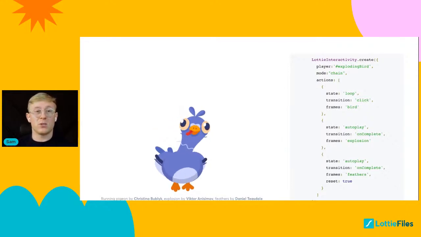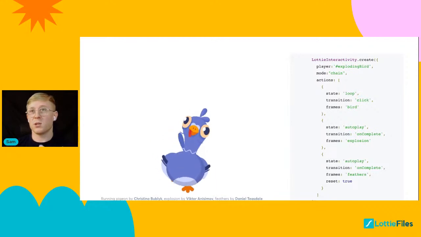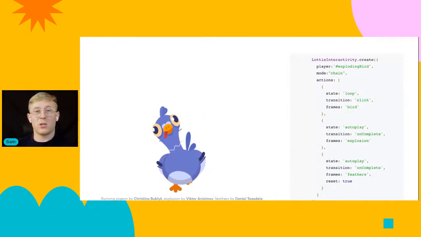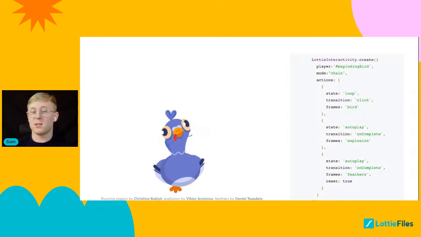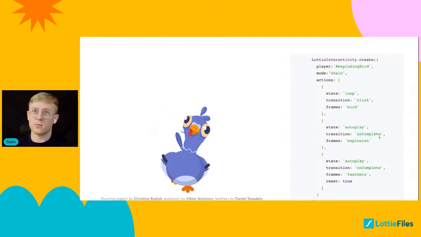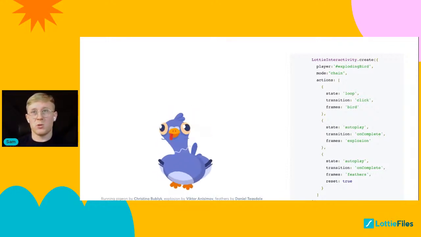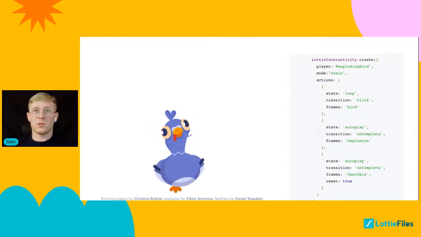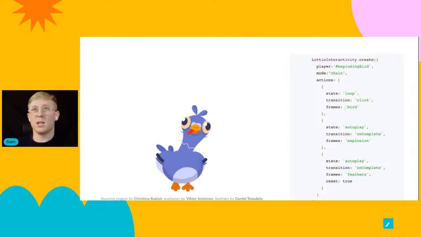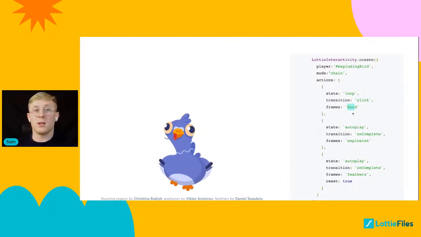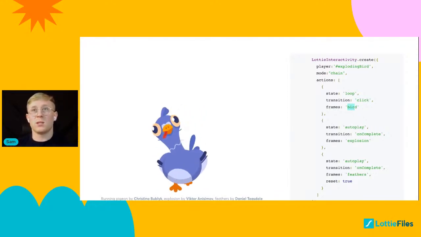And we've got a bunch of different transitions available, which I'm going to go through over the course of this demo. But one interesting thing we can use as well are the actual events from the Lottie animations. So here we've got on complete. So that means when the explosion segment has finished playing, it will then go to the feathers. And as you can see here for the frames, we've defined it as strings rather than numbers because we're using named markers.